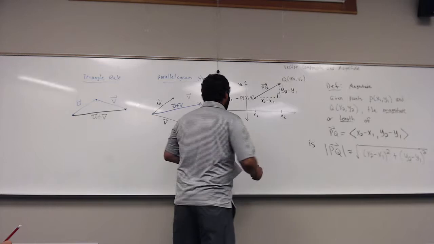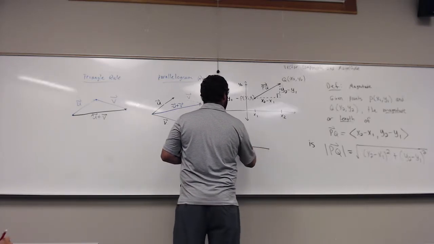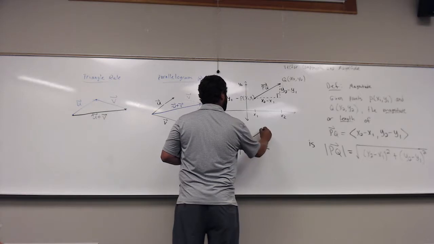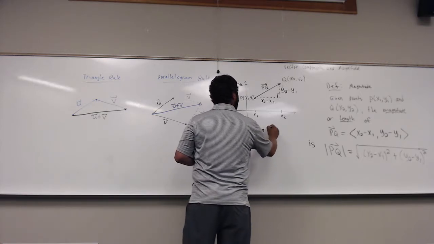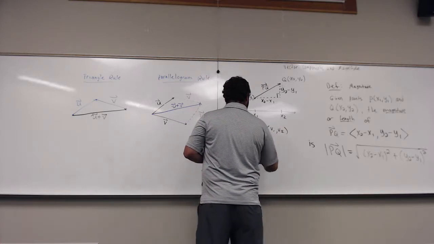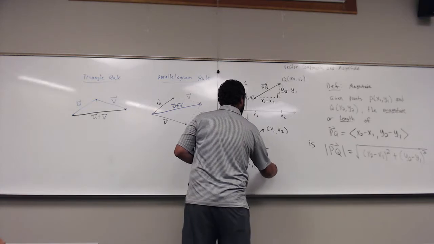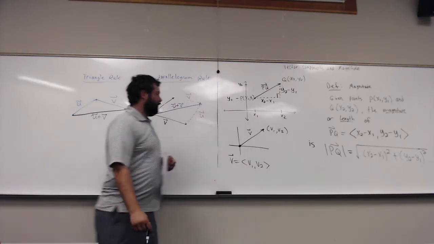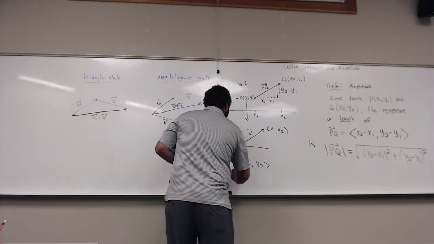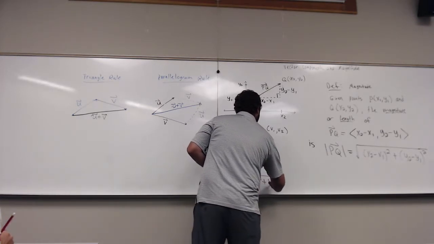And then in the case where I take any vector in standard position, again, this is v. The coordinates of this point are v1, v2. So the vector v in component form would be (v1, v2). In this case, if you're in standard position, the magnitude is the square root of v1 squared plus v2 squared.